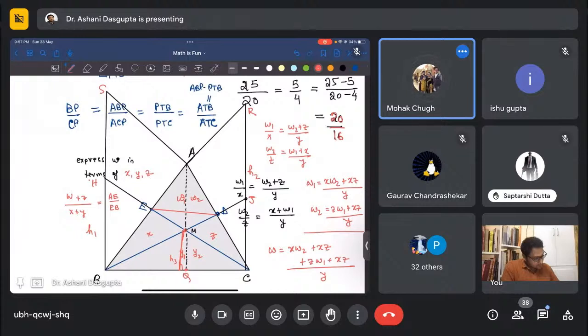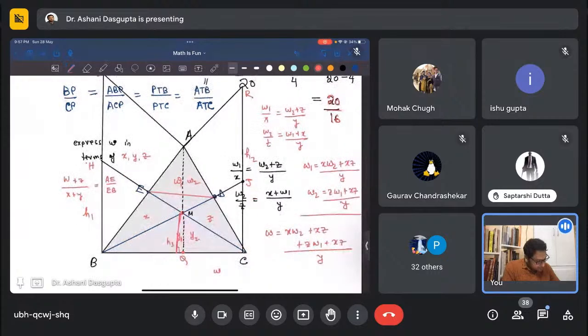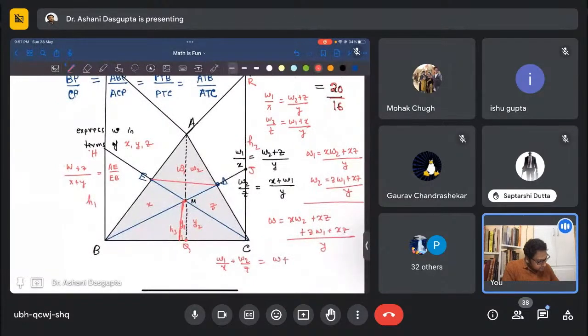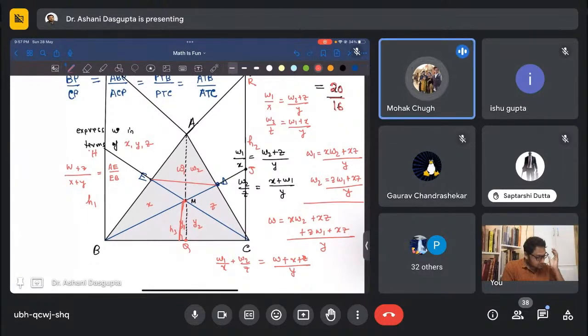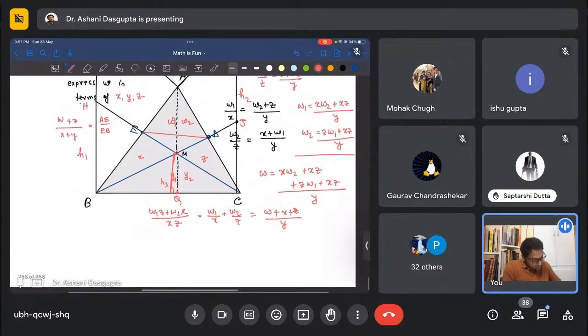W1 by X plus W2 by Z equals W plus X plus Z by Y. Taking the LCM on the left side, we get W1Z plus W2X over XZ, and taking XZ to the other side, W1Z plus W2X equals XZ times W plus X plus Z by Y.